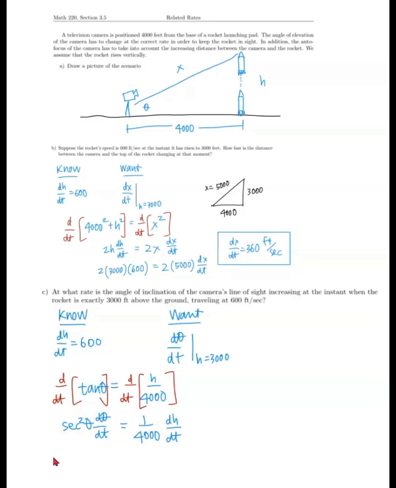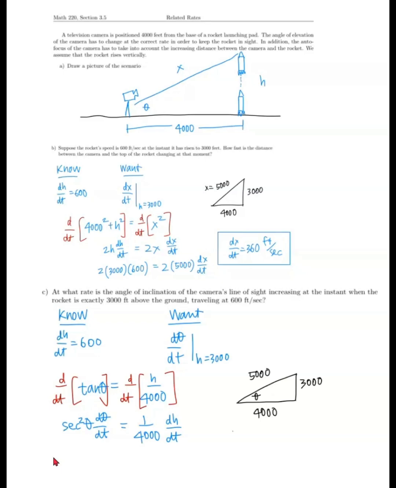And at this point, we've taken the derivative with respect to time, so we can plug in specific values. We couldn't do it before because we never plug in changeable values before we take the derivative. But let's see, if we have theta, and this is a fixed 4,000, and at this instant, this is 3,000, then, oh, and this is 5,000. We know that from the previous part.